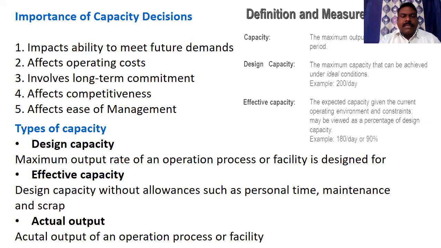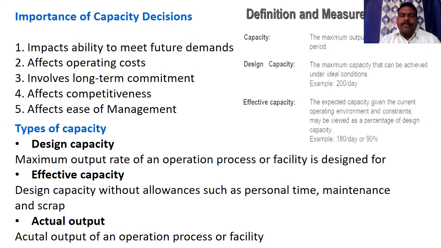Effective capacity is design capacity without allowances such as personal time, maintenance, and scrap. If you remove these, then it becomes effective. As I said, the maximum output is 10 tons, but actually it is going to work with 8 tons, and at 9 tons the output level will decrease because the machine gets heated up.